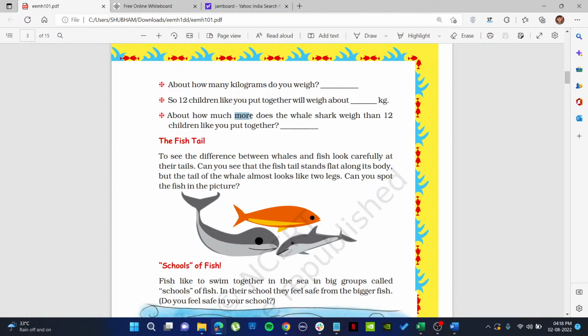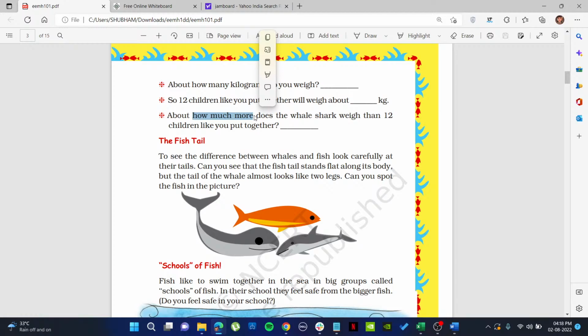When we see how much more, this is our main keyword here. This statement is going to help us in deciding which operation we should be using. Whenever we see such kind of statement, it means that we need to perform subtraction.